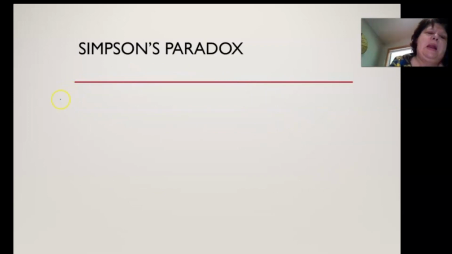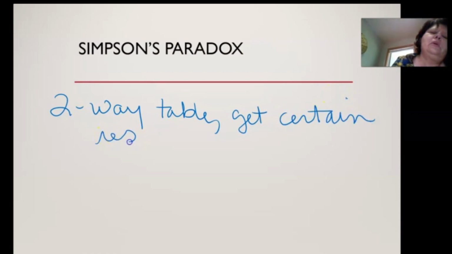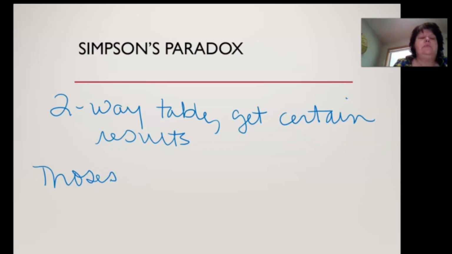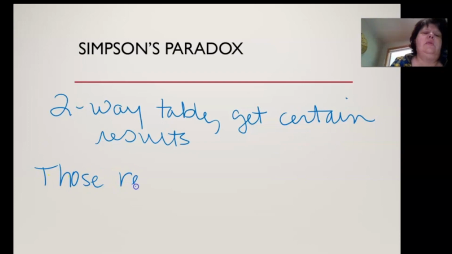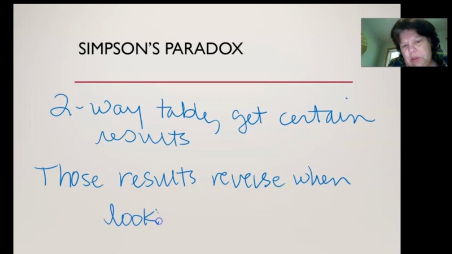This is called Simpson's paradox, when in a two-way table you get certain results, and those results reverse when looking at three variables.